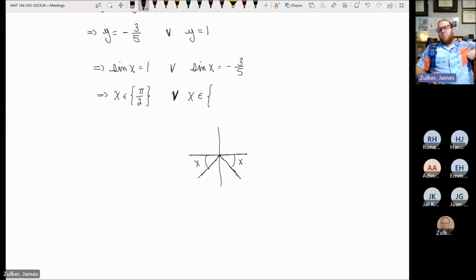So those are the two angles in question. But remember, we want angles between 0 and 2 pi.